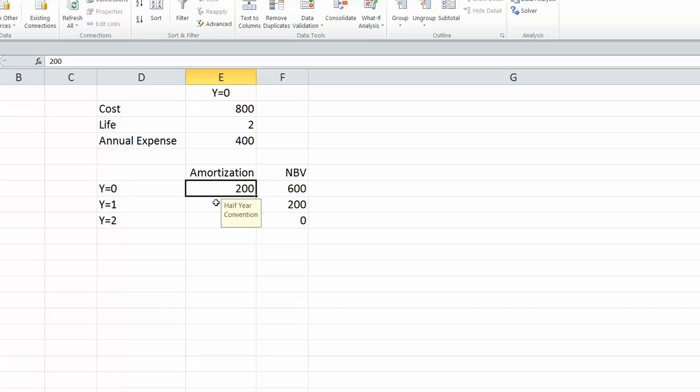So our half-year convention says in the first year we take half of our annual expense, or $200. In the next year, we'll take the full $400. And then in the third year, we'll take the remaining half year of depreciation or amortization expense. So at any particular time, here's our net book value for our advertising cost for year 0. It cost us $200.